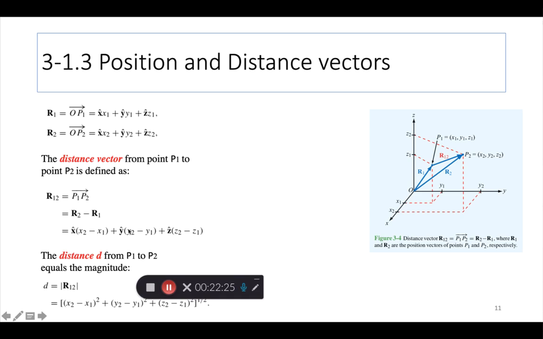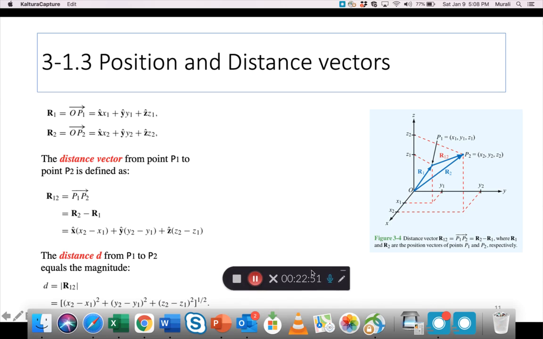The simple way to do this, unless you want to do it with a drawing, is to just take the difference of the scalar coordinates on the x-axis, y-axis, z-axis: x2 minus x1, y2 minus y1, z2 minus z1, put the unit vector prefix x, y, z, and you get the resulting vector. Okay? So you created a vector that shows the path from one point to another.